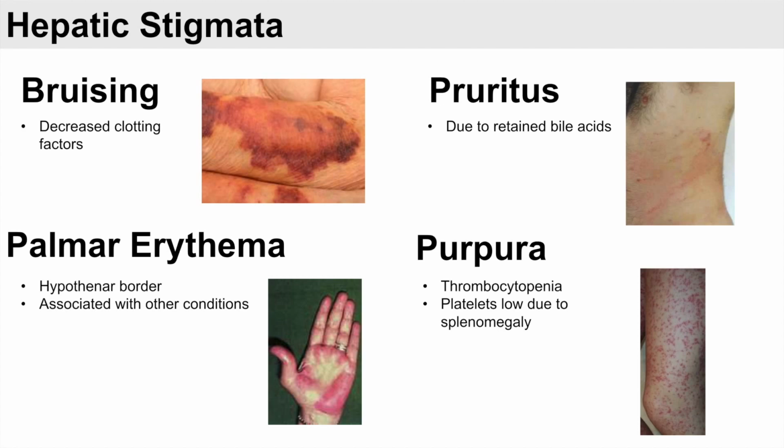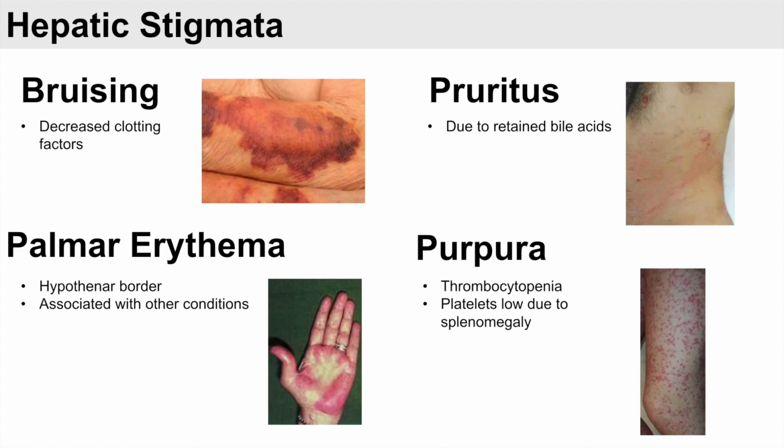A lot of times, platelet suppression in liver disease is secondary to a splenomegaly. In cirrhotic liver disease, or any other liver disease that causes portal hypertension, we see a backup of venous return from the spleen to the liver, leading to an enlarged spleen.